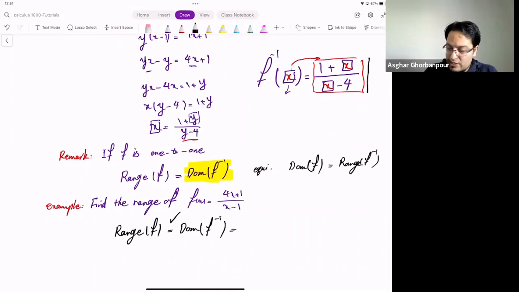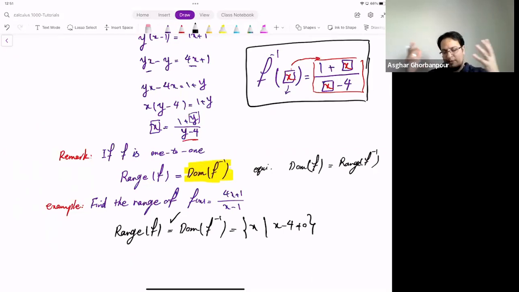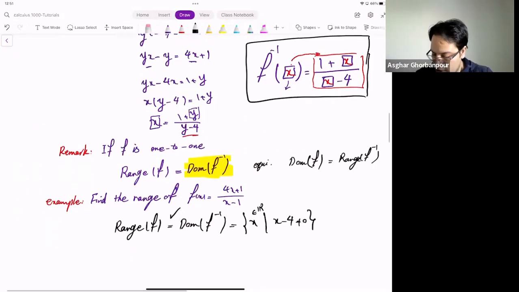But its inverse, look, it's a rational function. And for a rational function, we know that the domain is everything except what makes the denominator zero. So it will be all x's in R for which x minus 4 is not equal to 0. And this is equivalent to saying all x's in R for which x is not equal to 4.